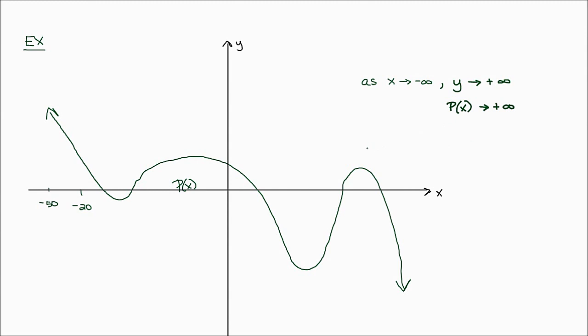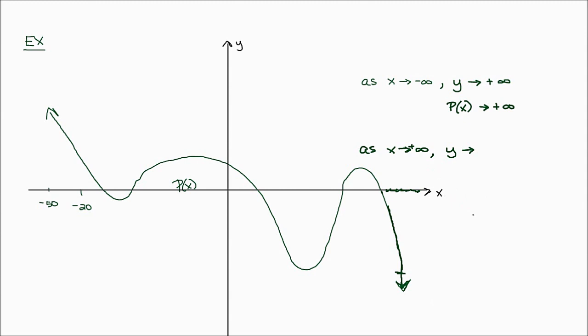And then the other thing to note is that as x goes in the positive direction, so to positive infinity, that's this region over here, as x gets bigger and bigger, the y values, well, as I look at this graph, they're falling. They're getting much, much lower. In fact, this height right here might be at a negative 50. The height as x gets even bigger might be a negative, let's say, 80, and a negative 300, and a negative billion, whatever it may be.